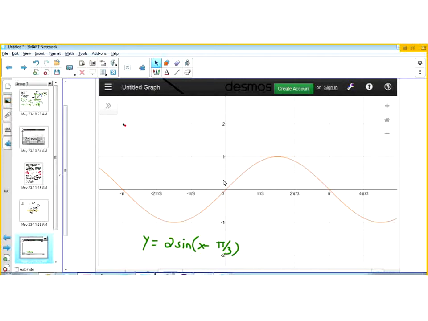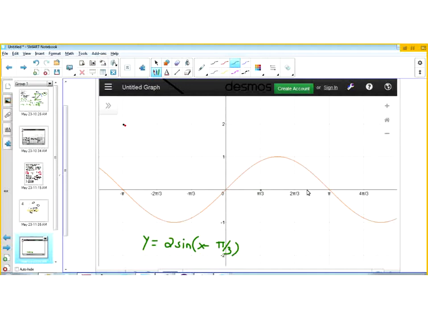So the green curve will be a right shift. At pi halves, right here, the output is 1. So now we have to add π/3 to pi halves. So what is π/3 plus pi halves? That would be 5 pi over 6, right?